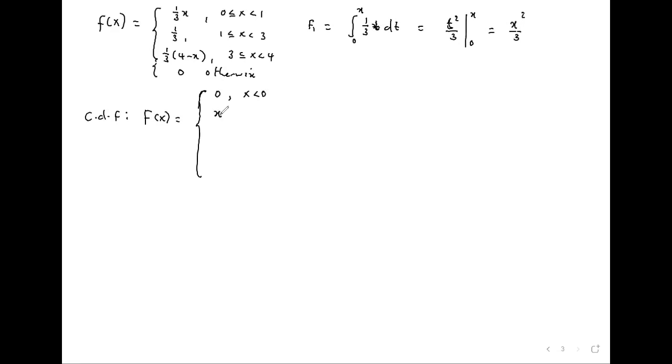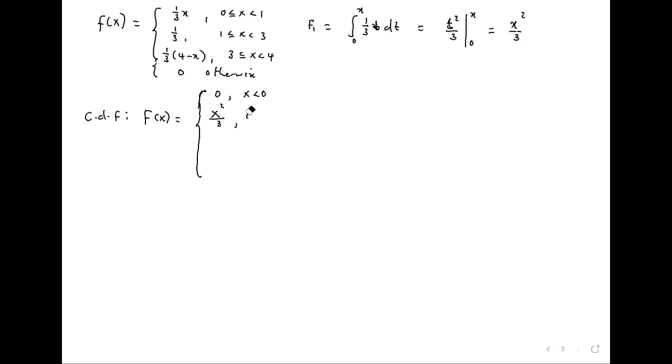So we get x squared over 3 for 0 less or equal to x less than 1, the interval must be the one that we have used there.